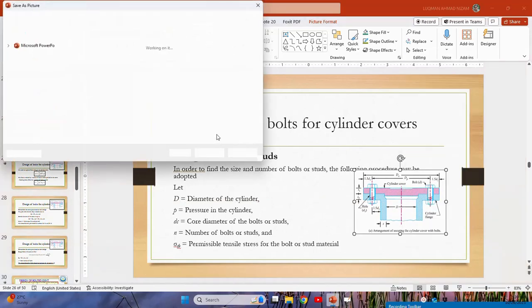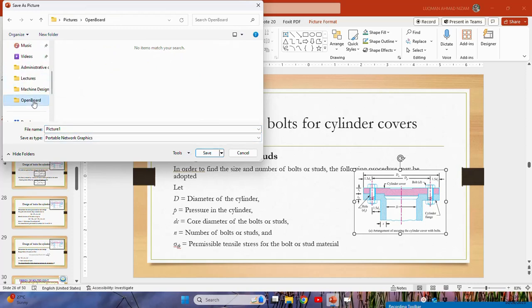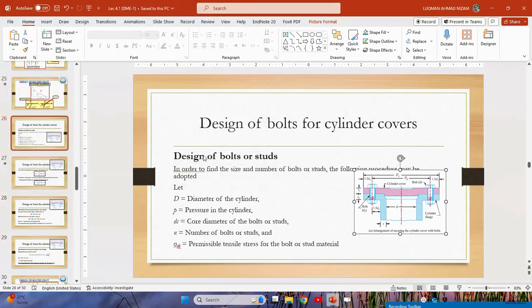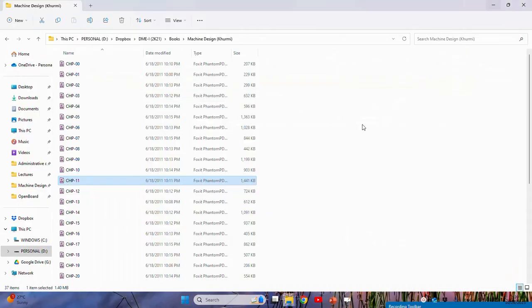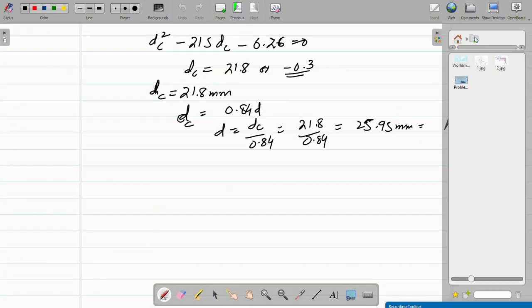Just give me 1 minute. Let's see if the figure has been imported.